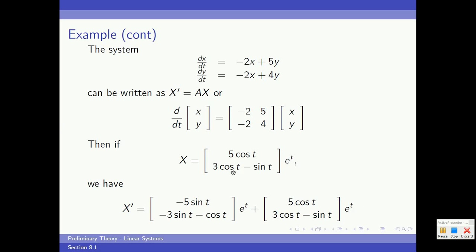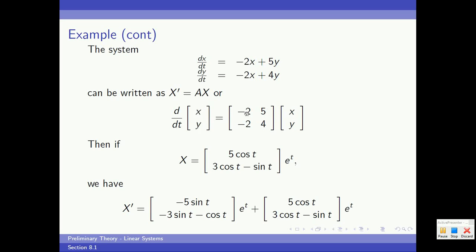Again, the derivative of the first, I'm going to have minus 3 sine t minus cosine t times the derivative of the second, so that's just e to the t. And then the second times the derivative of the first times the derivative of the second, so I have 3 cosine t minus sine t times the derivative of e to the t, I get e to the t. So this is my x prime, this is my left-hand side here.